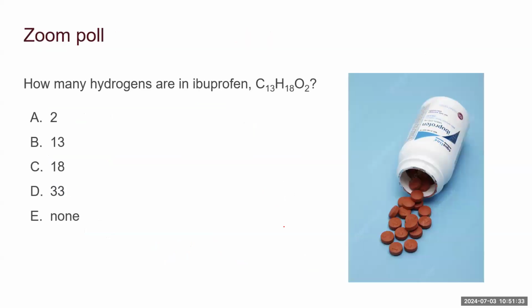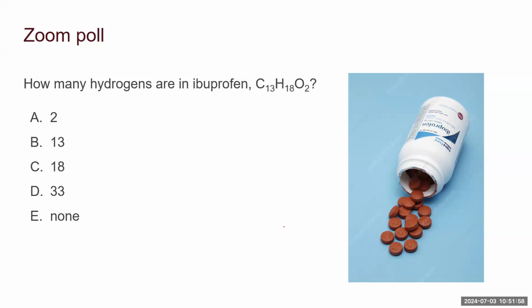So if we were to look at ibuprofen, it has a chemical composition C13H18O2. How many hydrogens are in ibuprofen? 18. Are you going to have a test question of this level? You might have one.